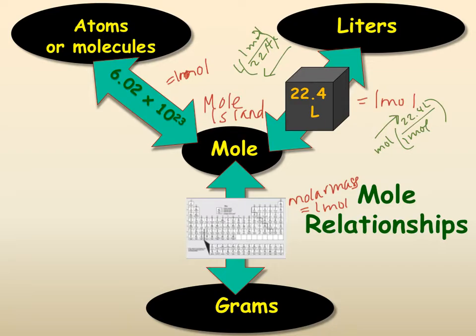If you're going from mole to atoms or molecules, 1 mole goes on the bottom, Avogadro's number goes up top. And likewise, if you're going the other direction, it's going to be 1 mole on top and Avogadro's number on the bottom.